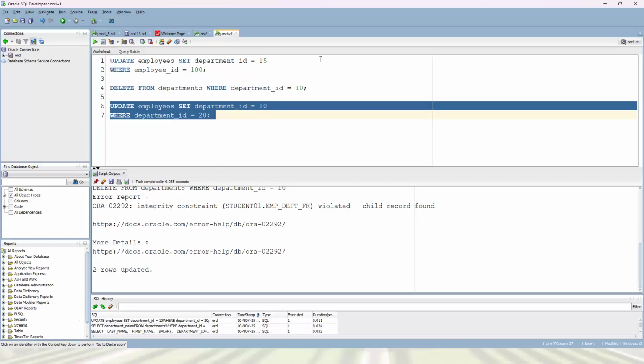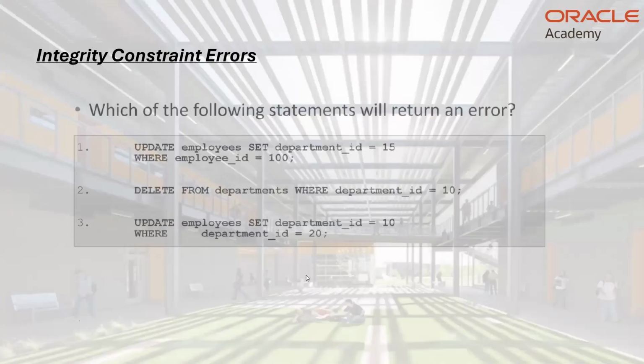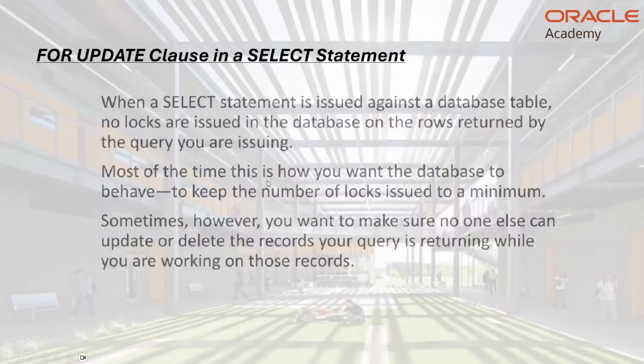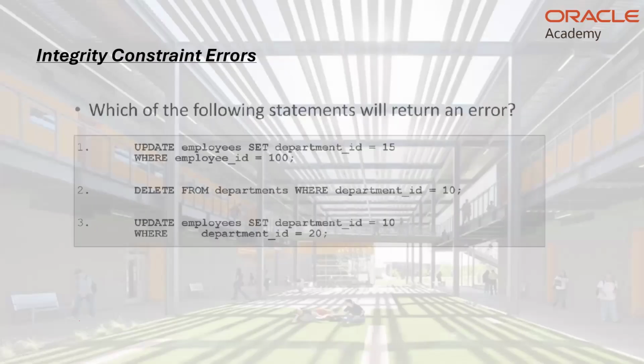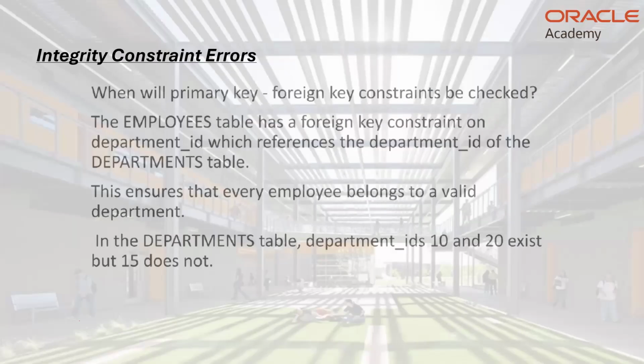Oh, that one updated. So in case you were wondering, 3 actually will run, as long as that exists and you're not violating an integrity constraint, although we did change all of the department 20 folks to department 10. But all right, I just wanted to show you that. So be aware of integrity constraints.